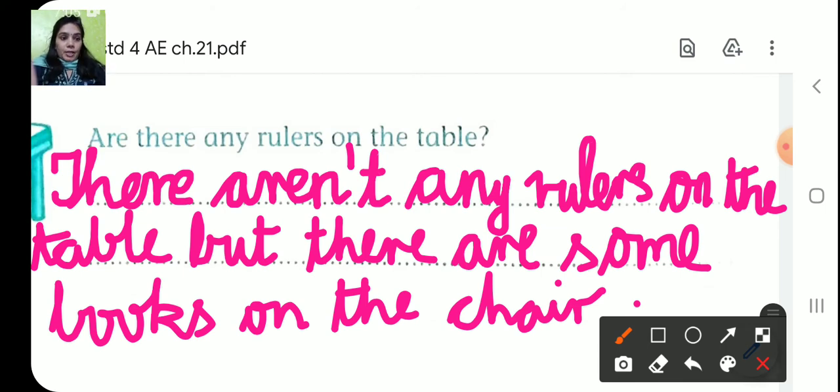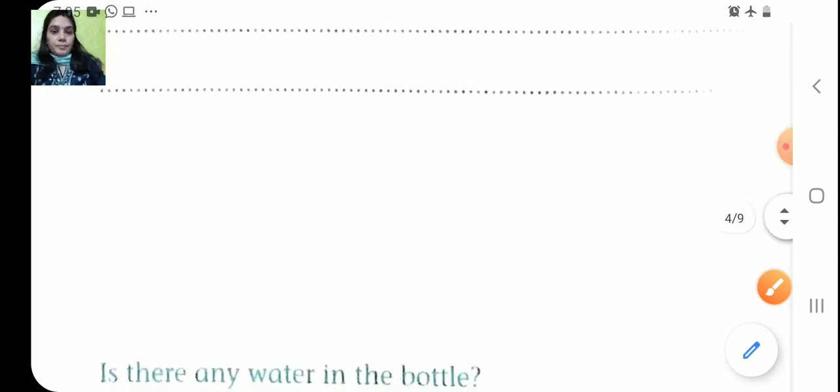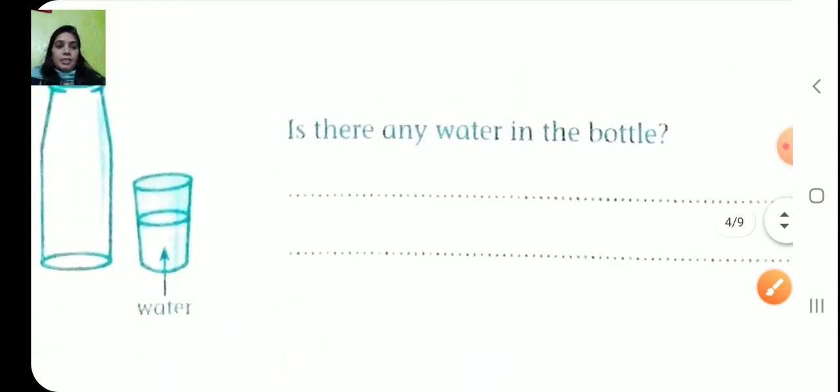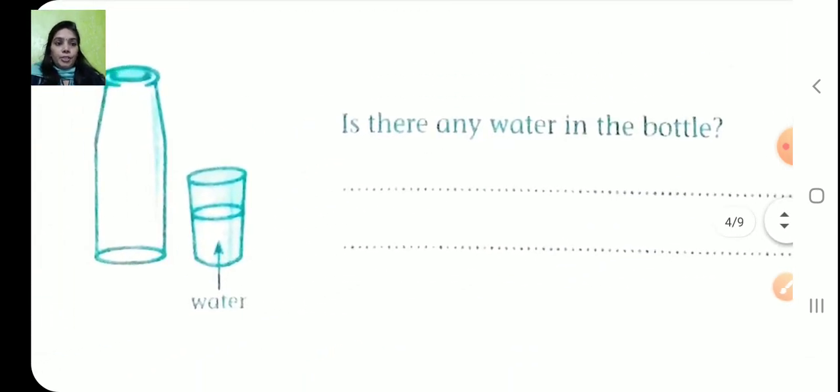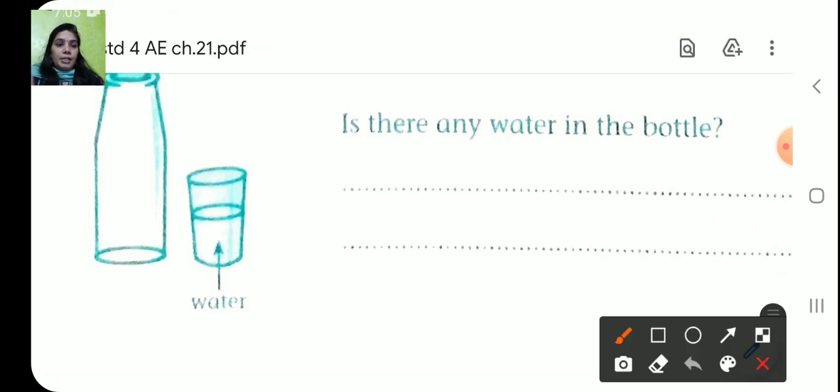Okay, we'll move on to the next question. Is there any water in the bottle? Nothing is there. So there is some water in the glass. So what is your answer? First you will answer for bottle.